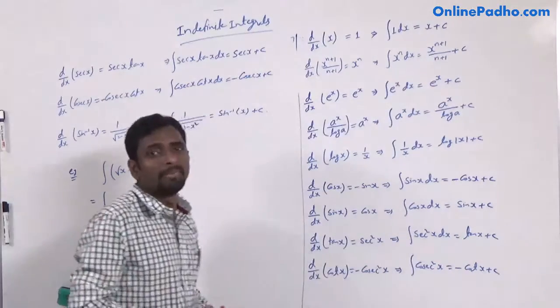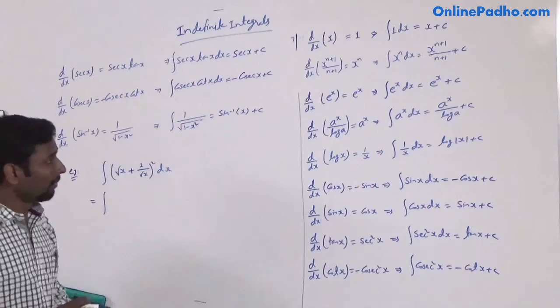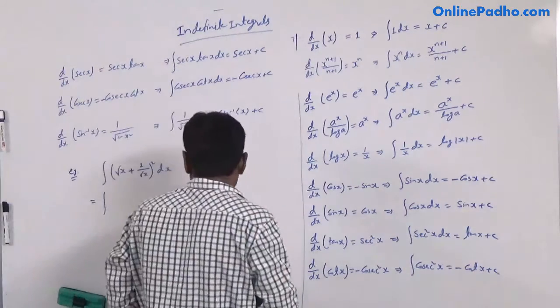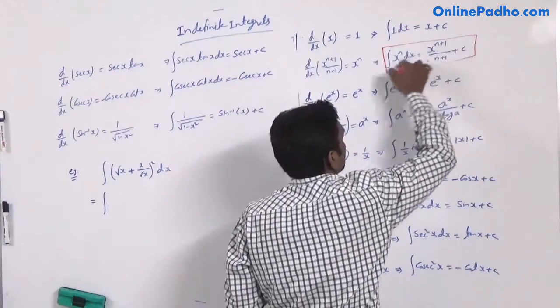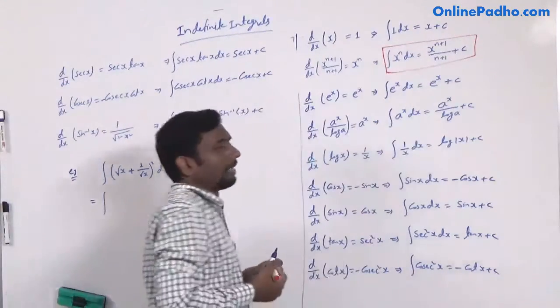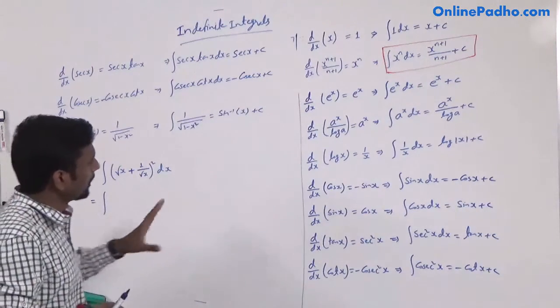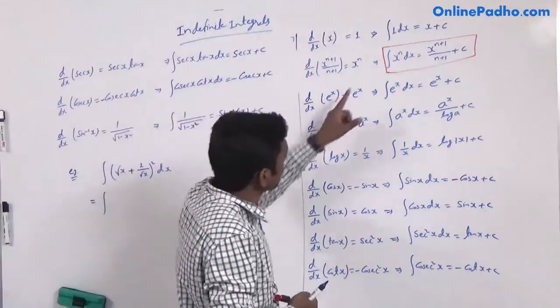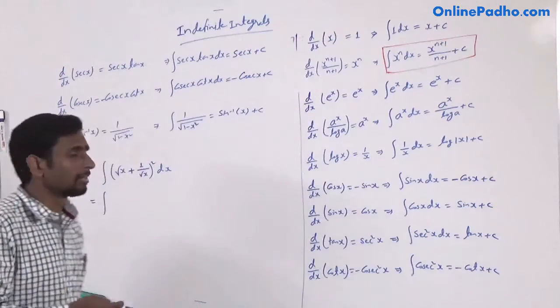Then only we can simplify this function and integrate it, right? So for algebraic functions, you need to write the function in the form x to the power n. This is a very important formula for algebraic functions, right? So in the basic questions, you must convert the question into these forms, and you will get the integration of that.